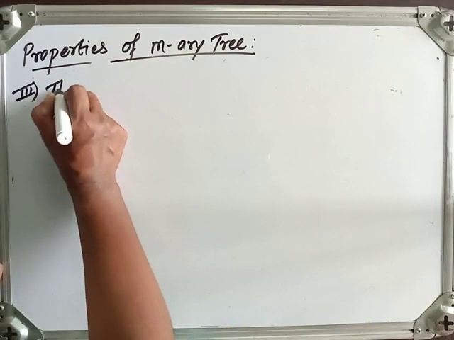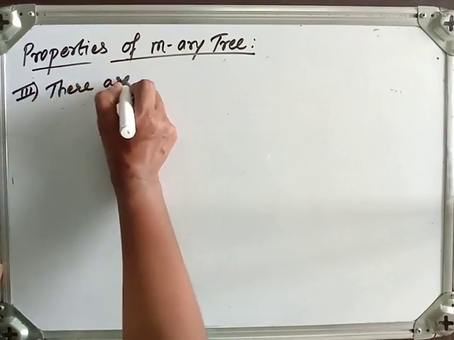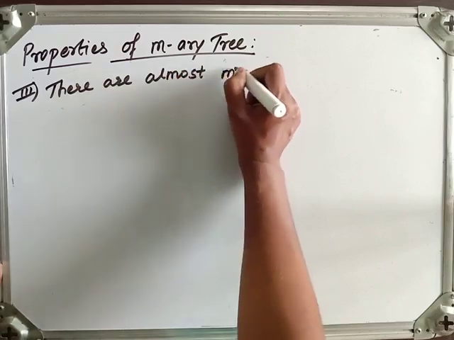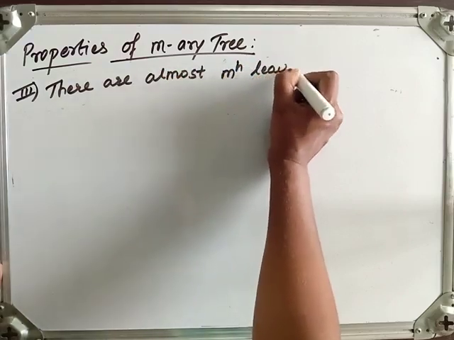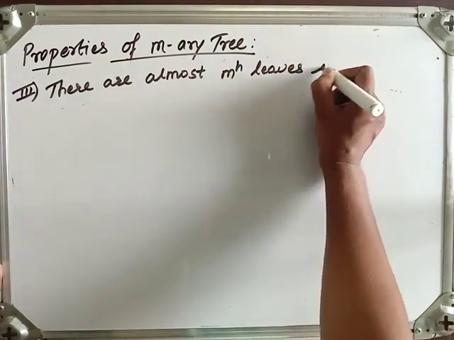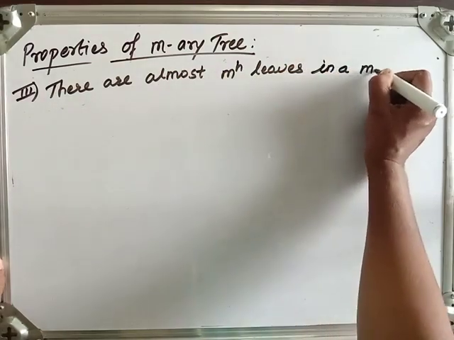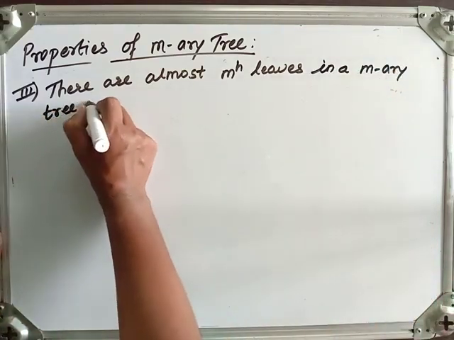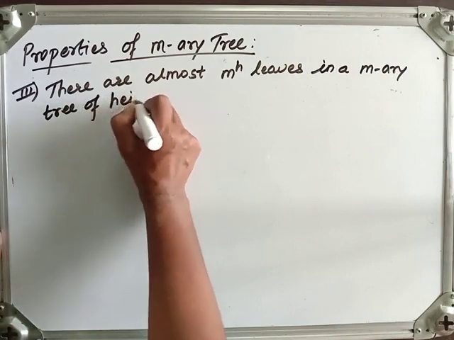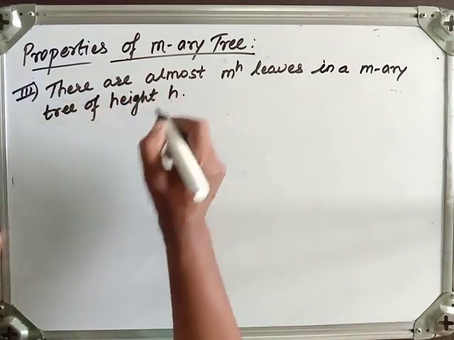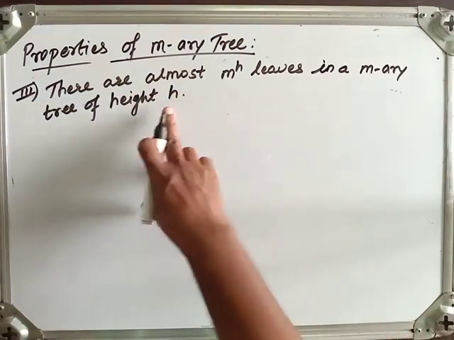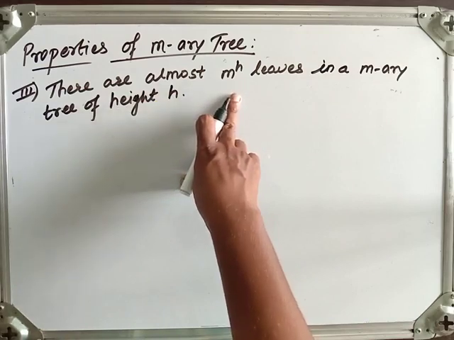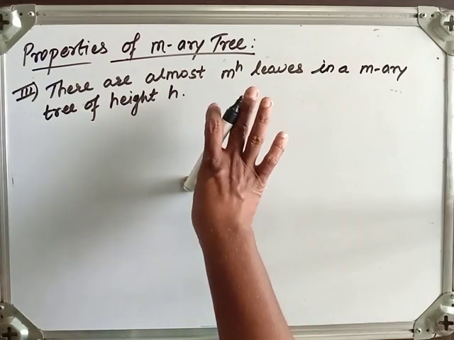The third property: there are at most m raised to h leaves in an m-ary tree of height h. If an m-ary tree has height h, then it has at most m raised to h leaves. You can prove it by induction. I will give it as homework to you.